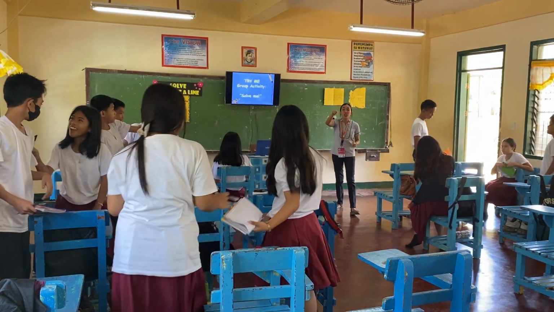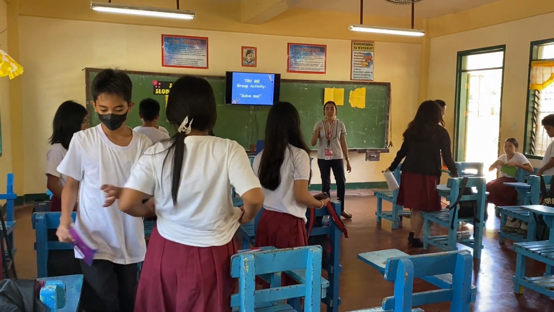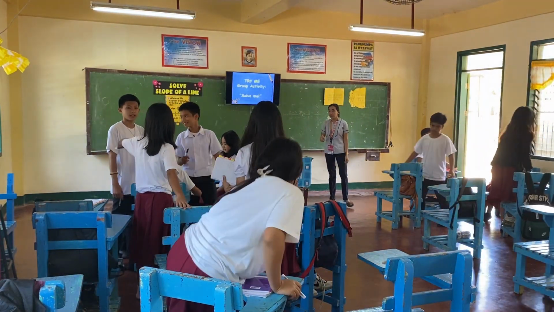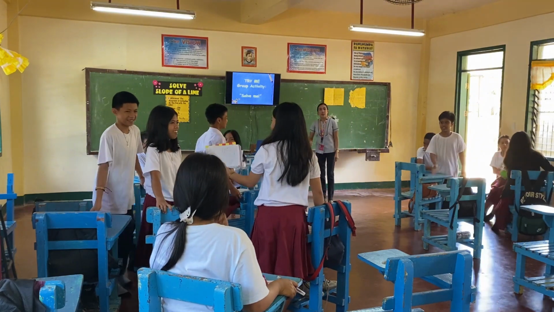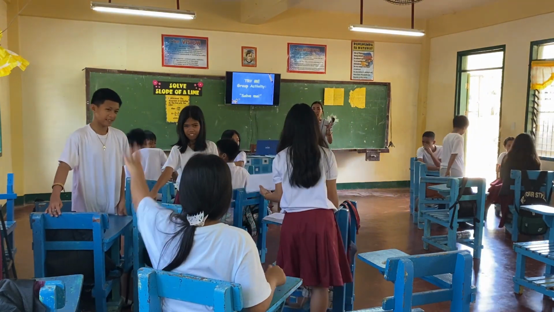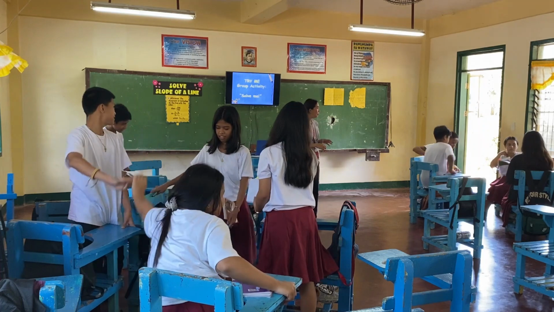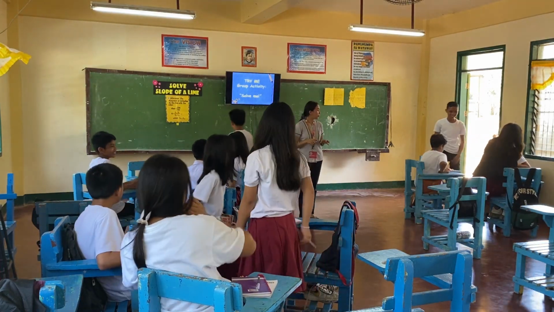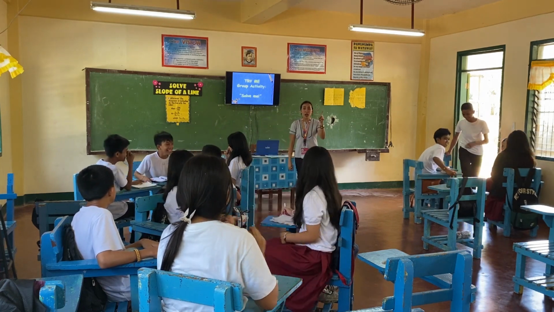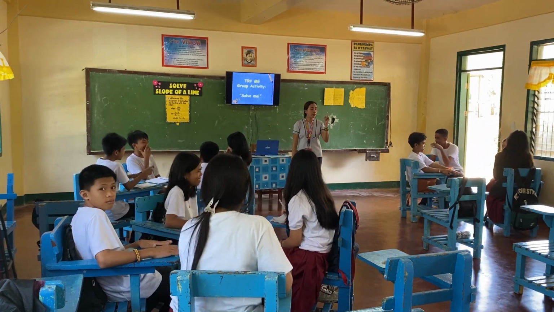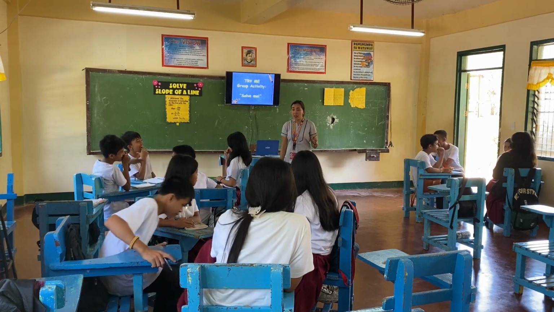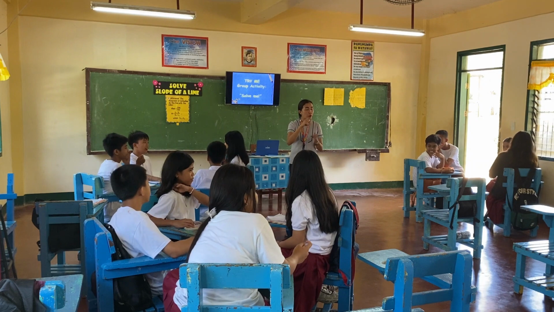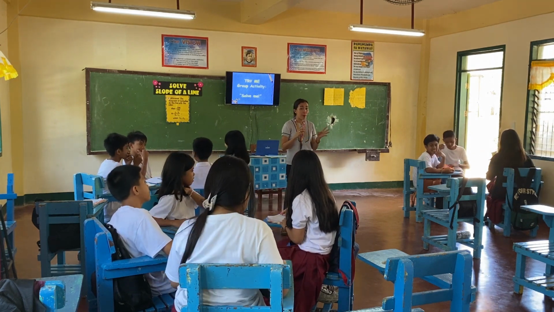Okay, you make a circle with your group. Circle. Okay, you choose a leader. Ayun. You choose a secretary to write your members. Write on a 1/4 paper the members.